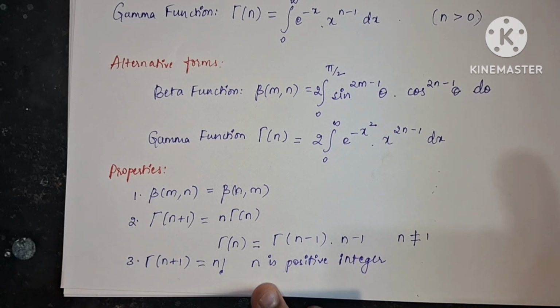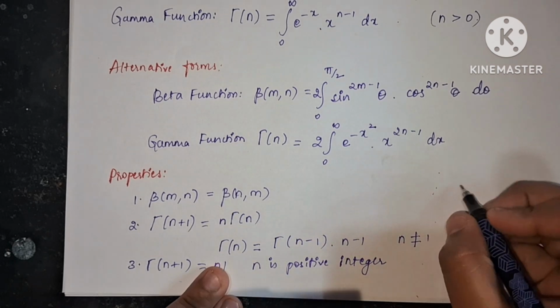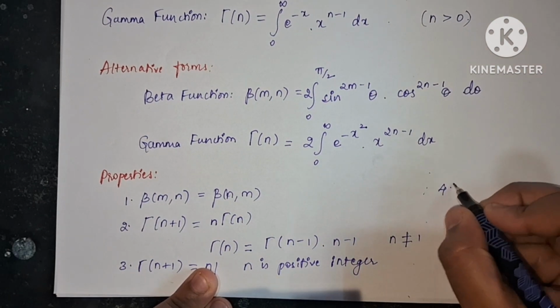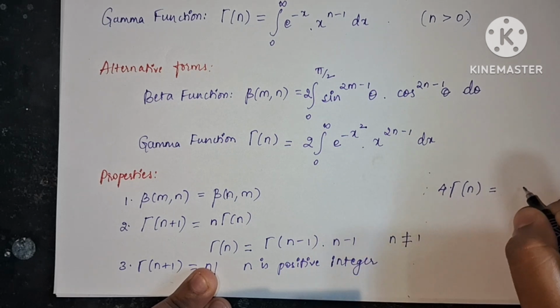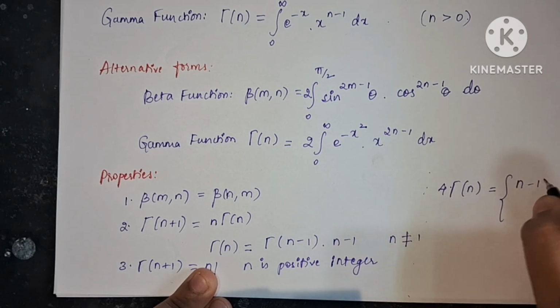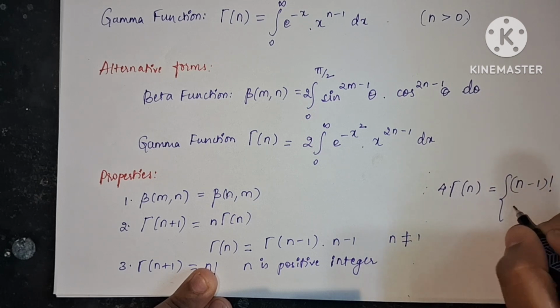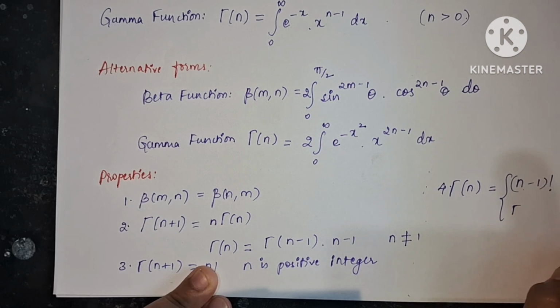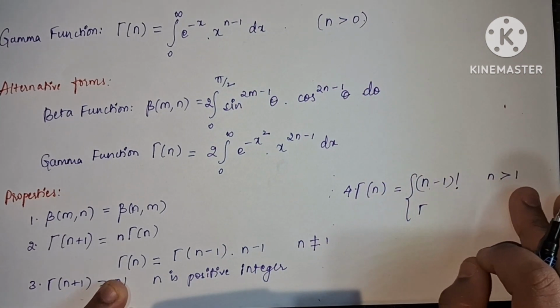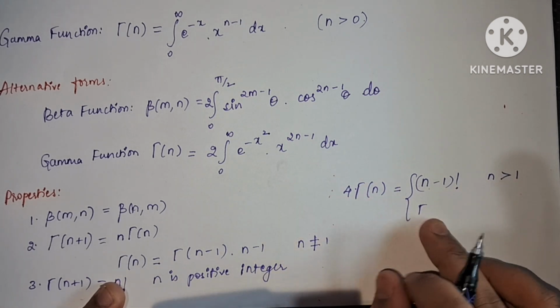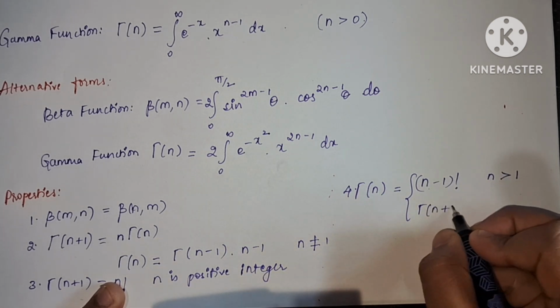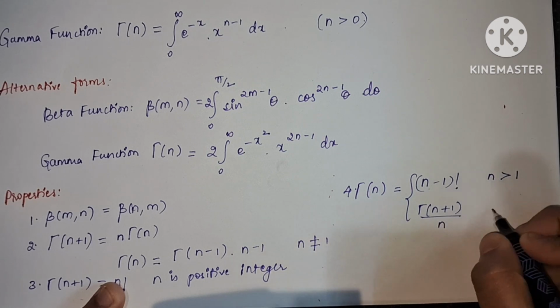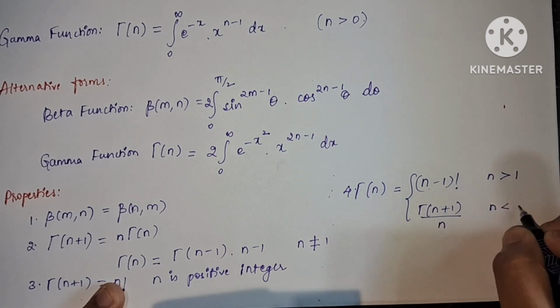Clear? Next, the last formula which I am considering under the properties is the fourth formula, that is gamma of n is given by n minus 1 factorial. This is considered when n is positive. And next, gamma of n is given by gamma of n plus 1 divided by n when n is negative, that is n is less than 1.